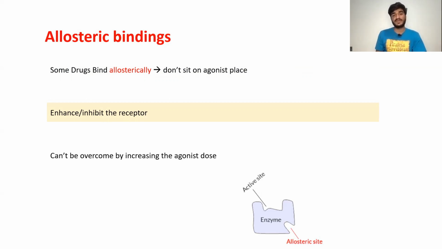And because the allosteric drugs bind at a site other than the agonist site, increasing the concentration of the drug cannot overcome the agonist dose. That's why it is no use increasing the agonist if we have the allosteric antagonist.